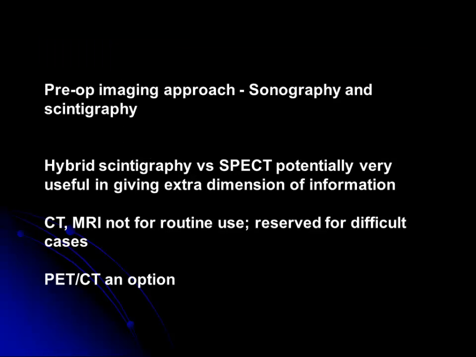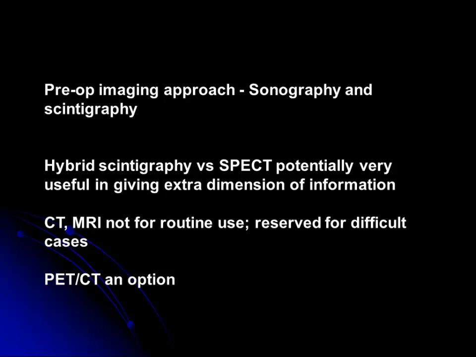Preoperative imaging approach is sonography and scintigraphy. That's standard in our center. Hybrid scintigraphy, that is SPECT CT, is potentially very useful in giving an extra dimension of information. If you compare SPECT with SPECT CT, it improves the specificity in detection.